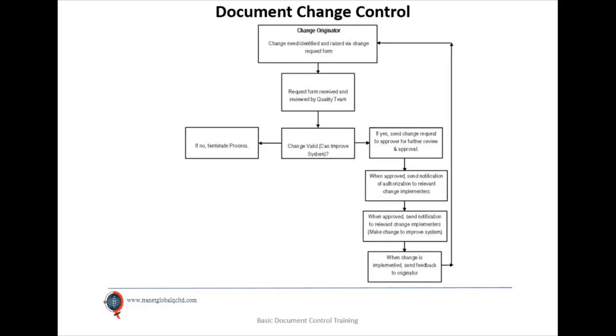Now, whatever the outcome is during your check, you have to act. Whether the outcome is positive or negative, you have to take action. If the impact it has on the system is negative, that is, if there's a non-conformity arising from the implementation, then you have to do a corrective action and improve.